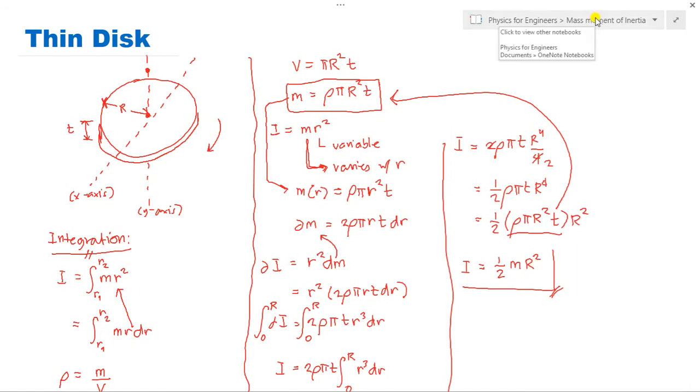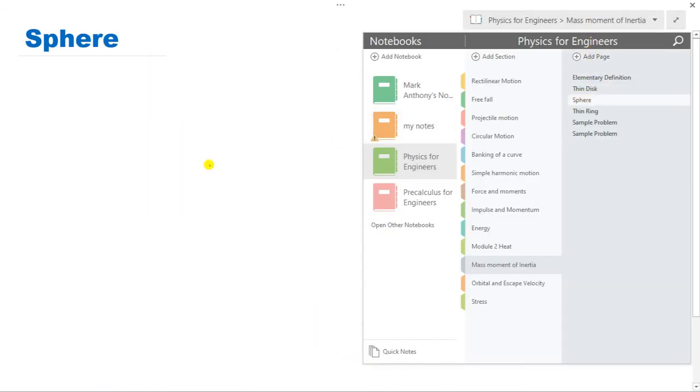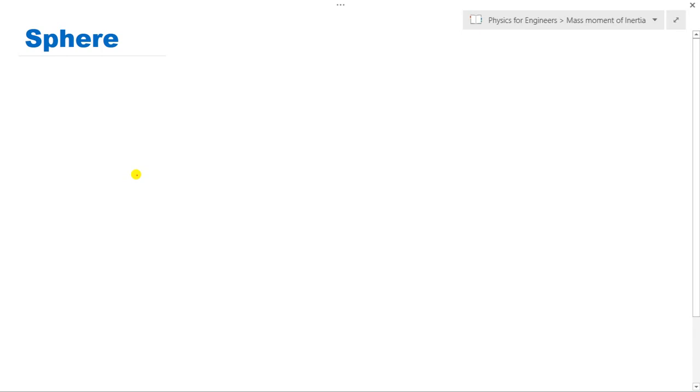Okay, so let's proceed to the derivation of the mass moment of inertia of our sphere. Let's say we have a sphere with an axis of rotation here. Actually, a sphere at any orientation is still the same sphere. At any orientation, the mass moment of inertia is still the same, because the sphere is symmetric in its geometry.